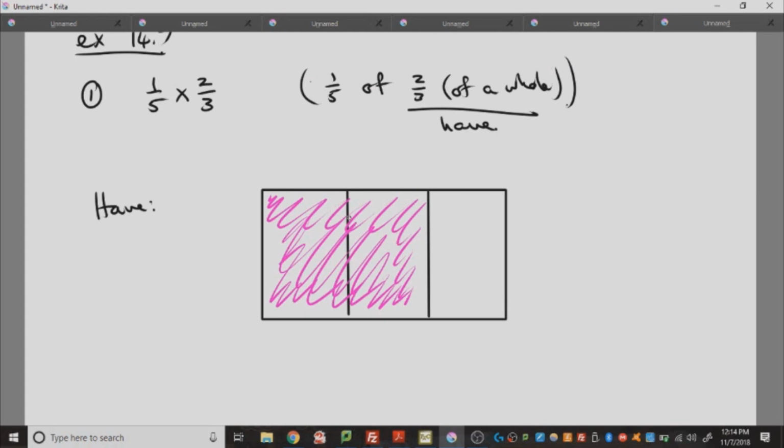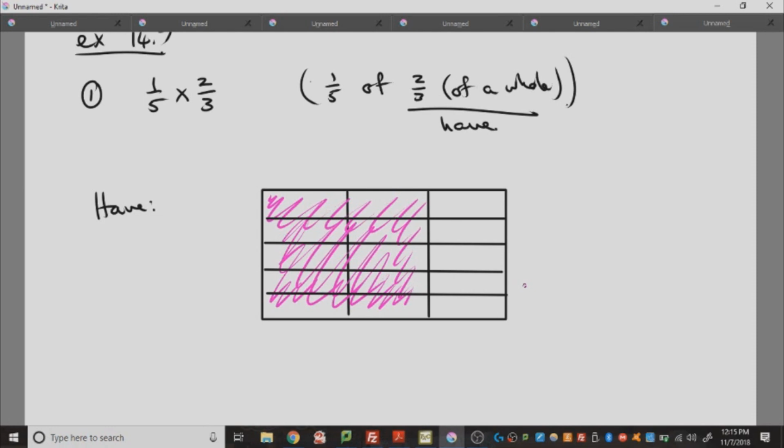So, how do I now take 1/5 of that? Well, I'm going to have to split this loaf of bread into 5 slices horizontally so that I can talk about fifths. Now, each row is 1/5 of the loaf of bread.